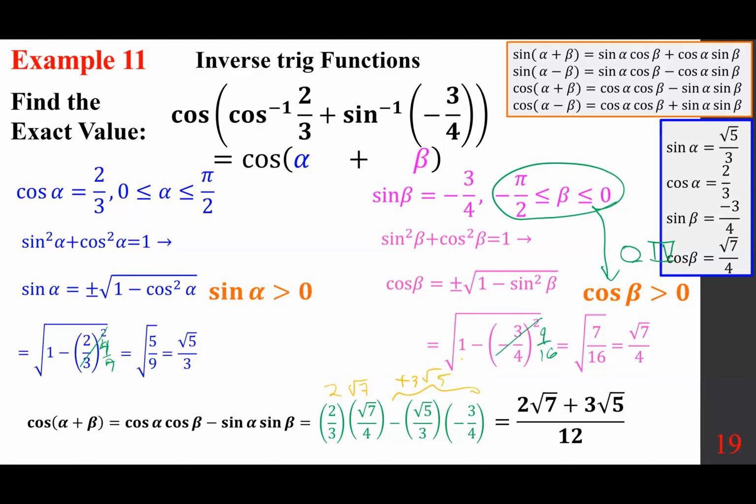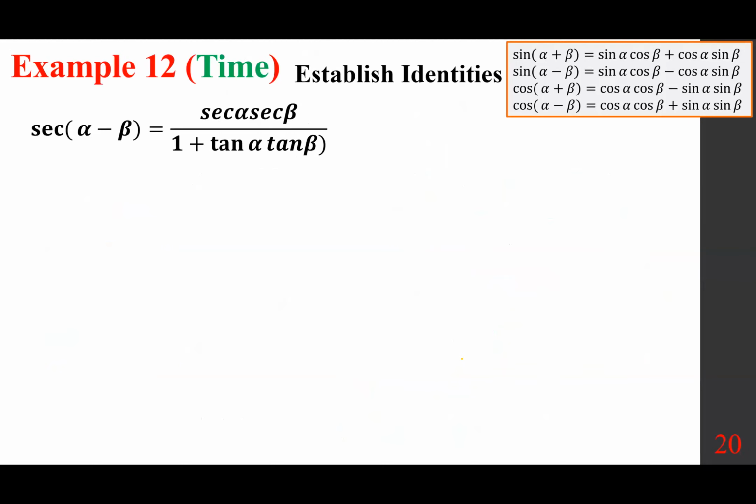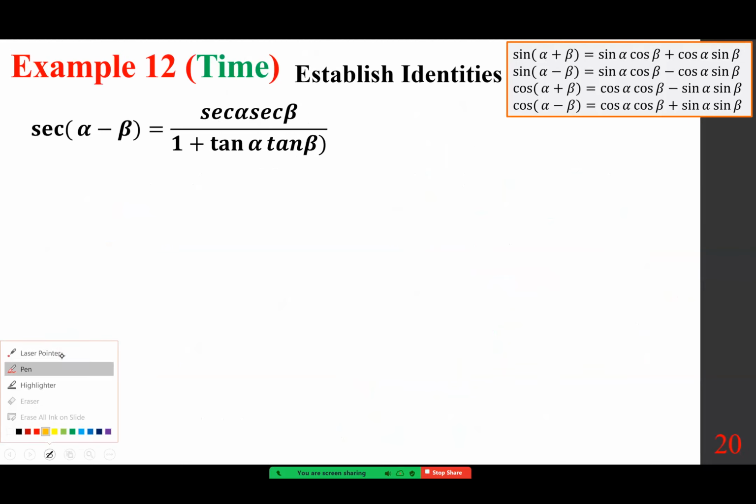I'm going to do one more example, a slightly different methodology. We are looking at secant of alpha minus beta, which is secant alpha secant beta over 1 plus tan alpha tan beta. And we start with the left-hand side.